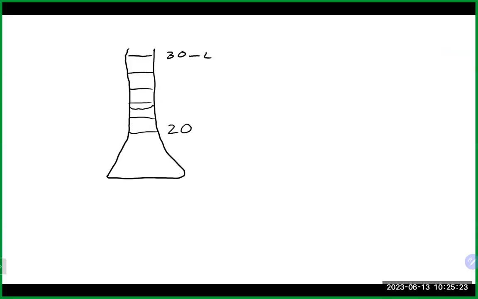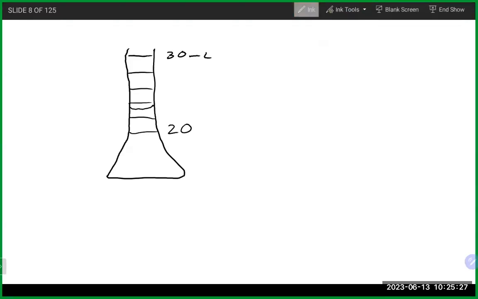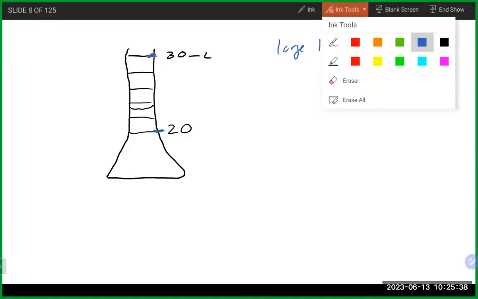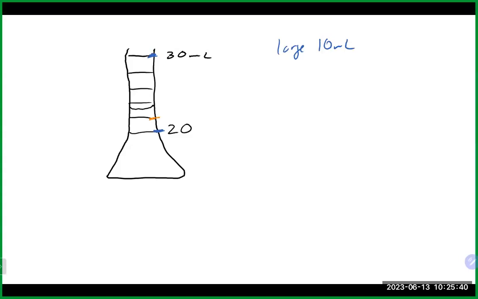When we look at these markings once again, we do have the large marking between 20 and 30, so that is going to be 10 milliliters. Now, when we look at the smallest markings, that is 1, 2, 3, 4, and 5 in this case. That means each of the smallest markings represents how much? 2 milliliters. Yes.